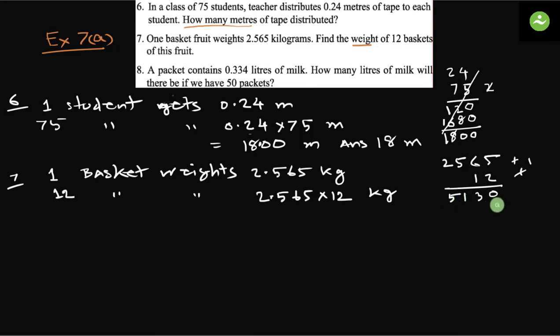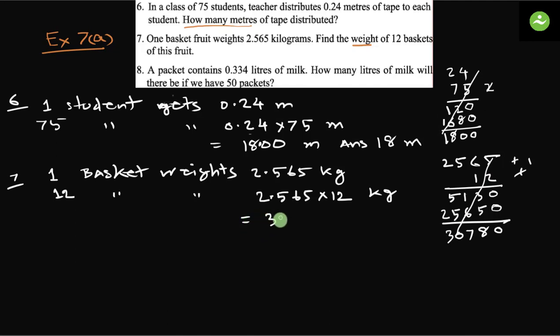Leave this spot vacant or put a 0. 5 into 1, 5. 6 into 1, 6. 5 into 1, 5. 2 into 1, 2. 0, 8, 7. 5 and 5 is 10. 2 and 1 is 3. So 30780.